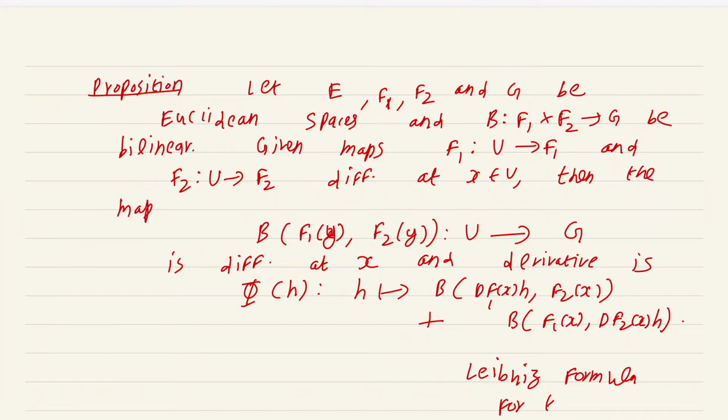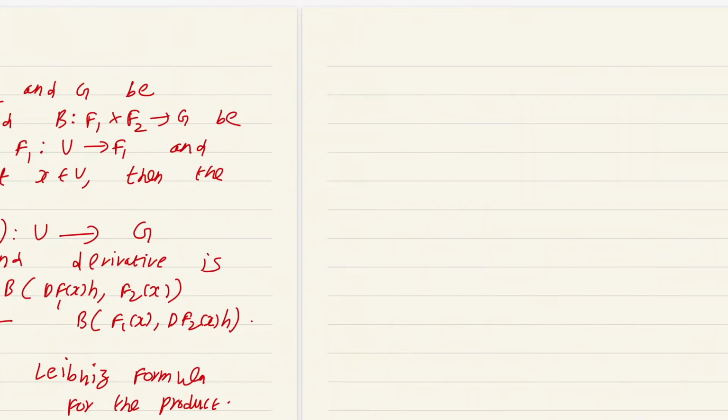So essentially the same product type rule holds even in this quite an abstract and general setting of bilinear maps and all that. Okay, now let's prove this, and the proof again is not that hard. The statement is quite complicated, but the proof is not hard.